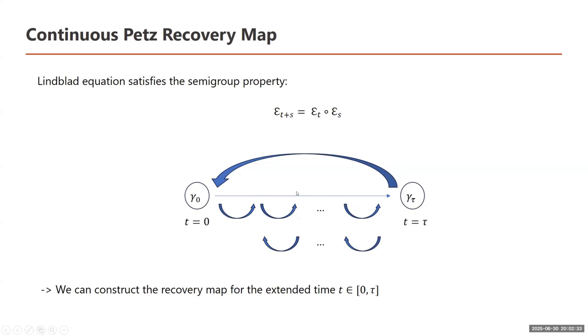As the Lindblad equation satisfies the semigroup property like this, and thanks to this structure, we can construct the recovery map for arbitrary time t from 0 to tau. In other words, instead of a single backward step from t equals tau to t equals 0, we can now have a continuous time recovery protocol that covers from t equals tau to arbitrary time t.